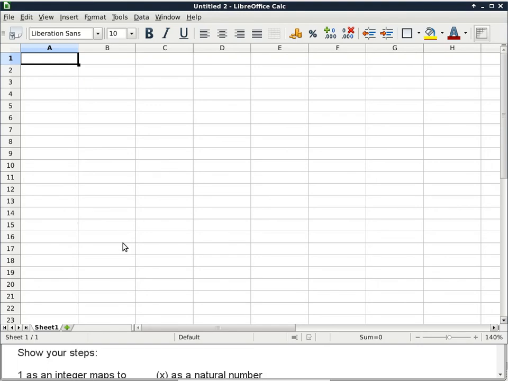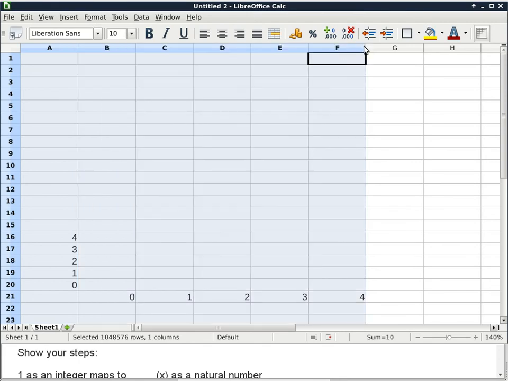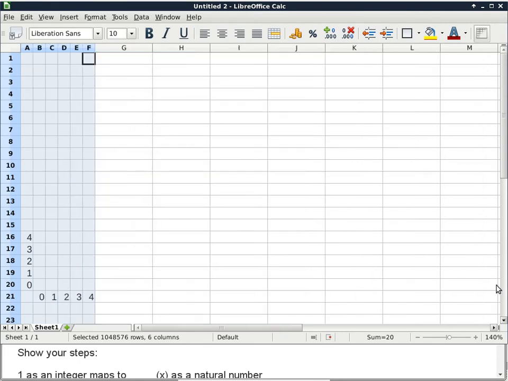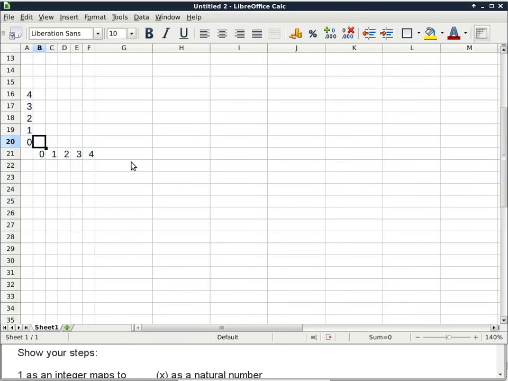Okay, so we'll go ahead and do it like this. So we have 0, 1, 2, 3, 4, and then we have 0, 1, 2, 3, 4. And what I'm doing here is I'm mapping this cell. Maybe it shows better if I do it this way. Okay, there we go.